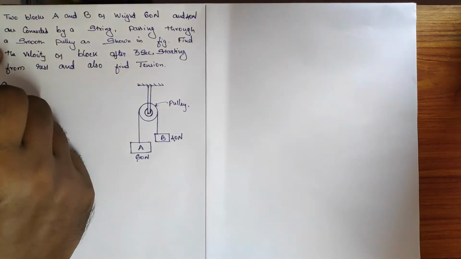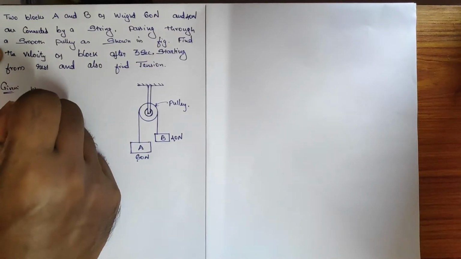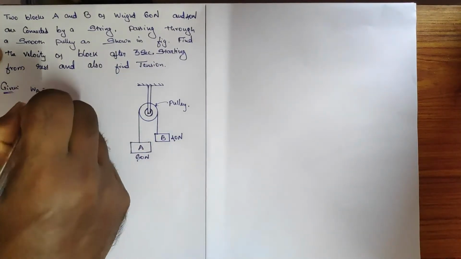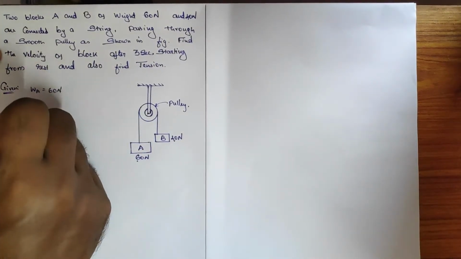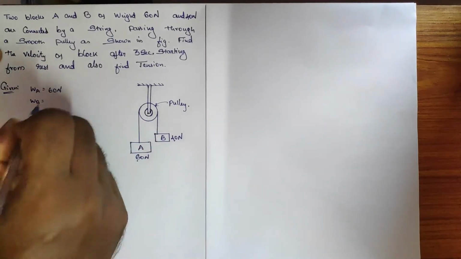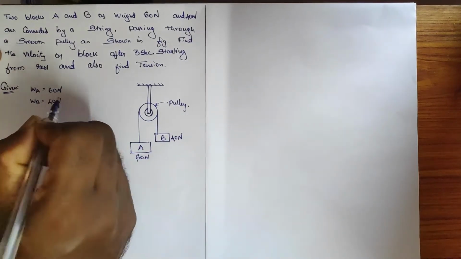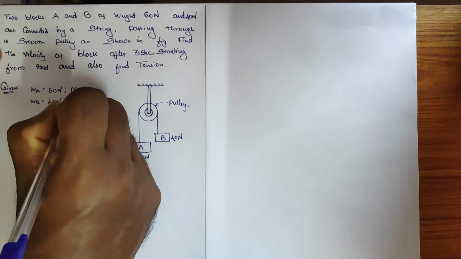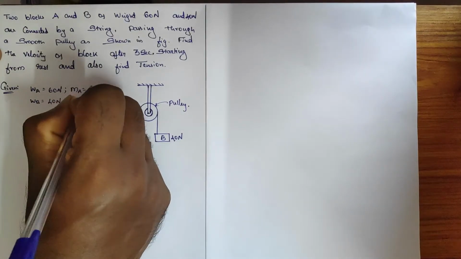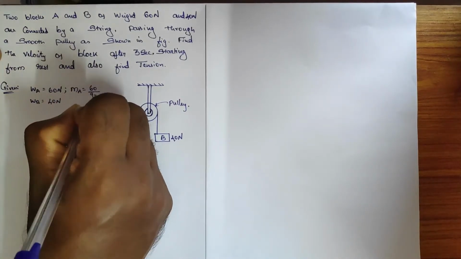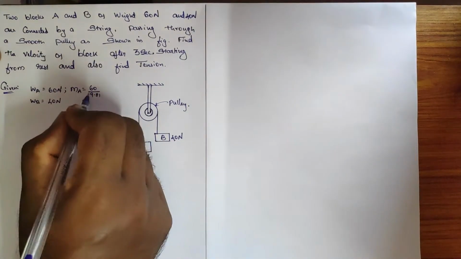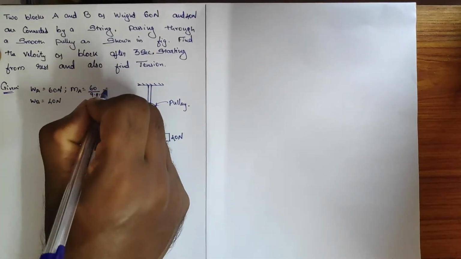Okay, so given data: the weight of block A is given as 60 Newton, the weight of block B is given as 40 Newton. If you want to find the mass of A, it is 60 divided by 9.81, that is, 60 divided by acceleration due to gravity.